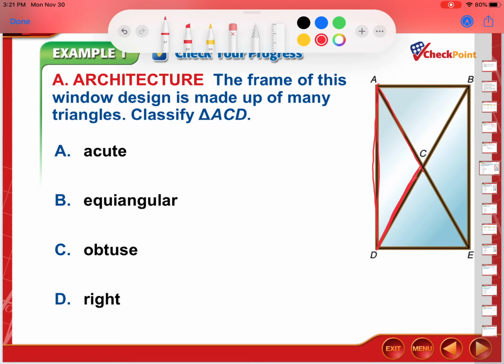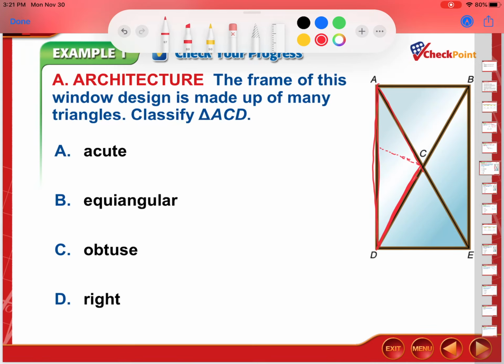They have no dimensions for us, so I'm just going to say little because it's on a little screen for me. All right, so we need to classify it as acute, equiangular, obtuse, or right. So right away, what I see is this angle right here, this angle ACD spanning right here.